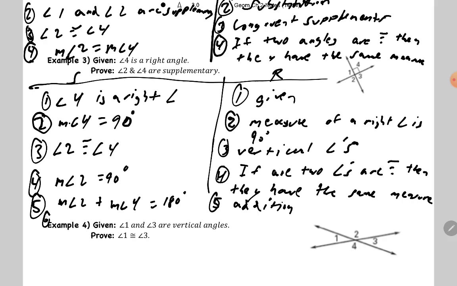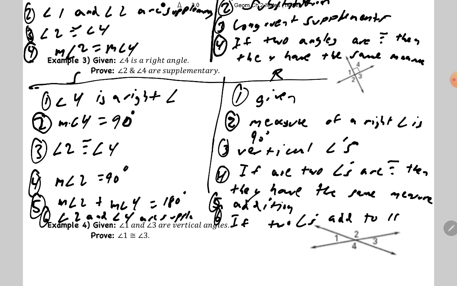And then lastly, what did I do there? Angle 2 and angle 4 are supplementary because of the definition. If two angles add to 180, then they are supplementary.